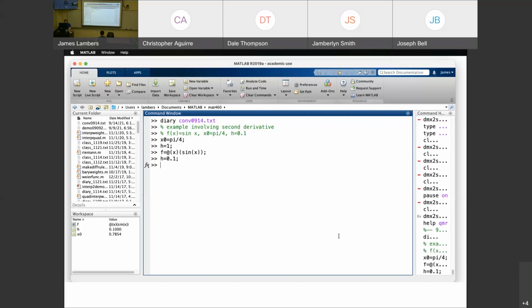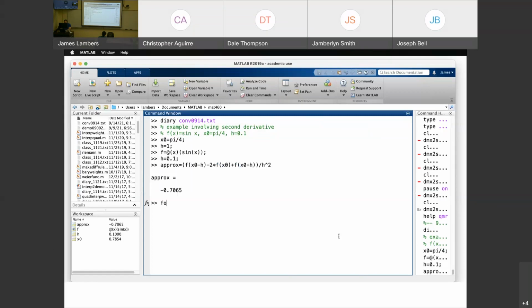So my approximation will be as shown: f of x naught minus h minus 2 f of x naught plus f of x naught plus h, all over h squared. Okay, actually we'll do format long. Okay. And now the exact value, of course, the second derivative of sine is minus sine.